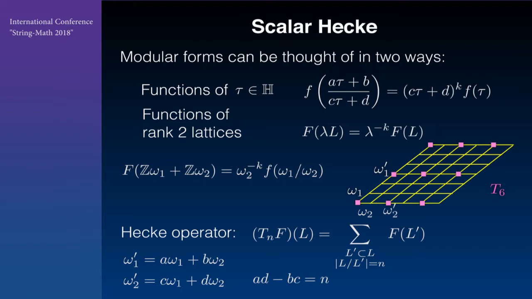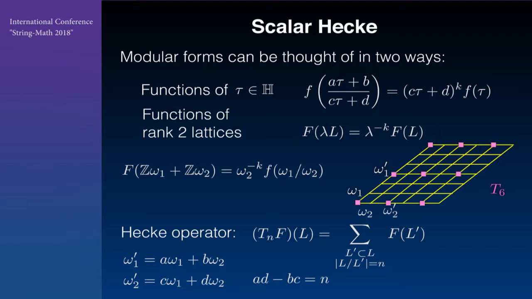Now, we'd like to translate that very simple definition in terms of function of lattices back into a function of tau. One way to do that is to notice that you can get any sublattice of index n as an integer combination of basis vectors, a omega 1 plus b omega 2, c omega 1 plus d omega 2, where ad minus bc is equal to n in order that it have index n.